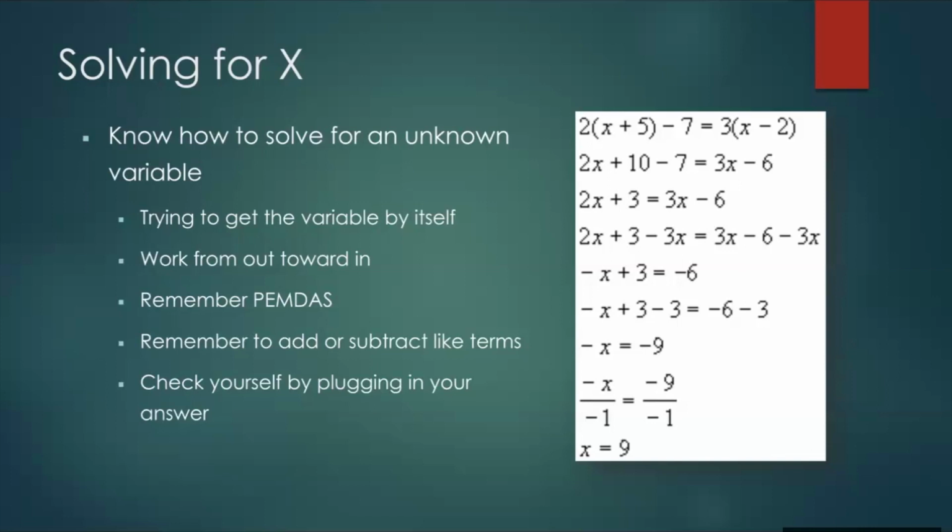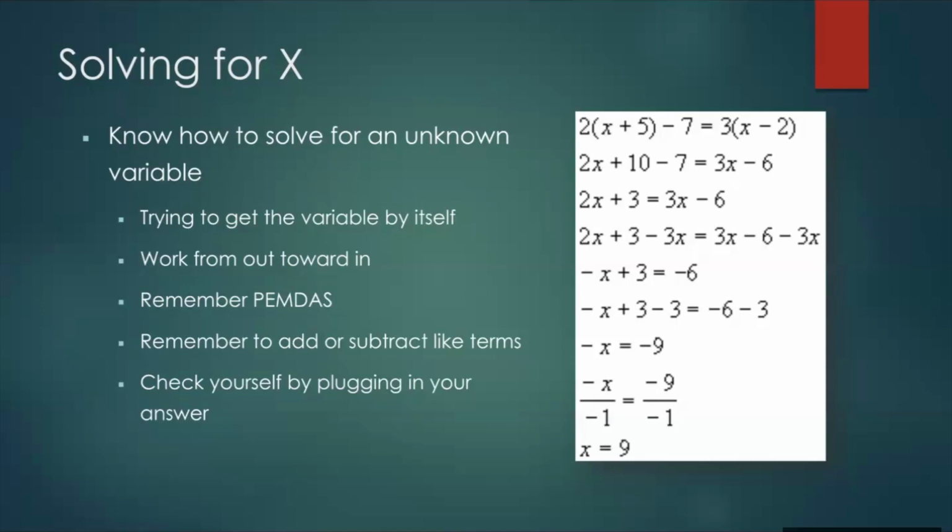We'll go over this on the right. In this equation, we are given 2 times (x plus 5), minus 7, equals 3 times (x minus 2). First we need to start off by distributing the numbers outside of the parentheses that are being multiplied by the things in parentheses, to expand the problem a bit.